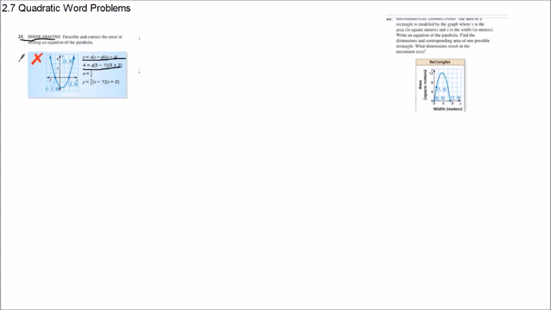Okay, 5 seconds over. So how do we make an equation with this y equals a times x minus p, x minus q form? Well, p is one of the roots of the equation. Q is also another one of the roots of the equations, one of the solutions.